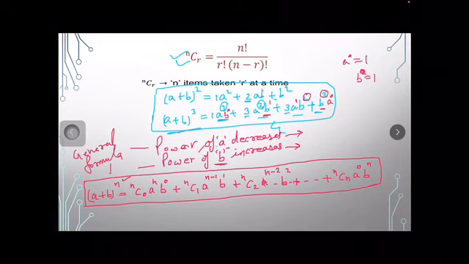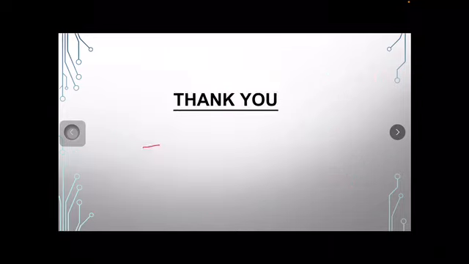This is the general formula to calculate any power of any binomial, and this is the binomial theorem. It's clear how we can expand and what the binomial theorem is. So today's lecture is completed now. Thank you.